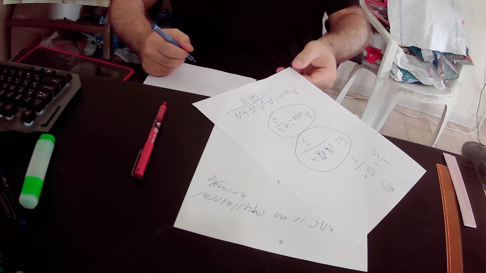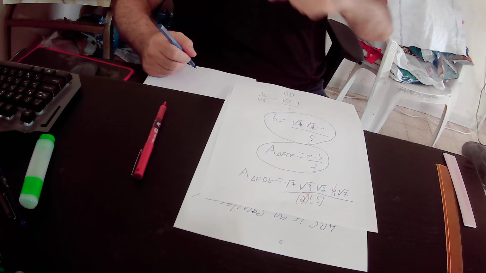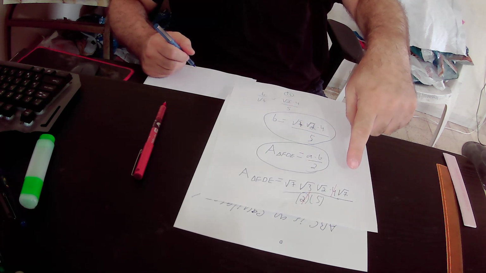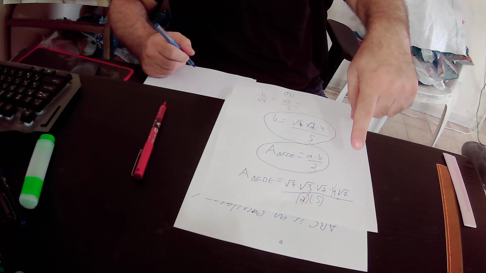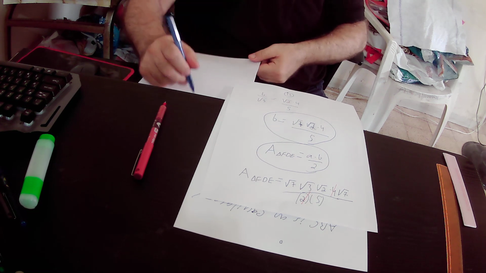So in total the root of 7 times root of 7 is 7, and 4 over 2 is 2.